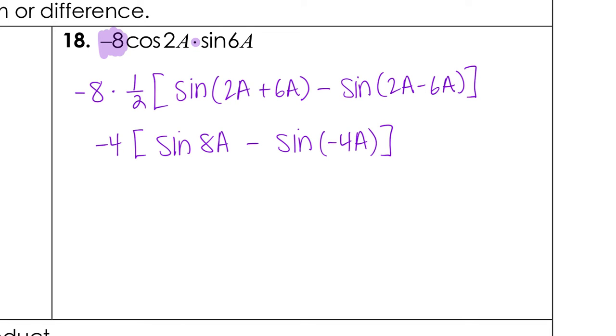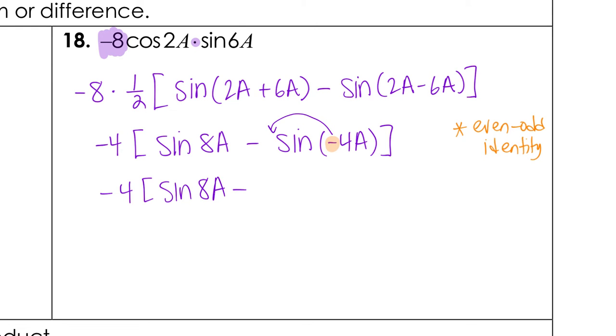Then this here is going to cause us an issue. Anytime you have a negative in here, you want to use your even odd identities to simplify that out. So I'm just going to write a side note here, even odd identity. When sine has a negative, you can move it to the front of that term only. So minus this negative is going to move out here. Negative sine of positive 4a.